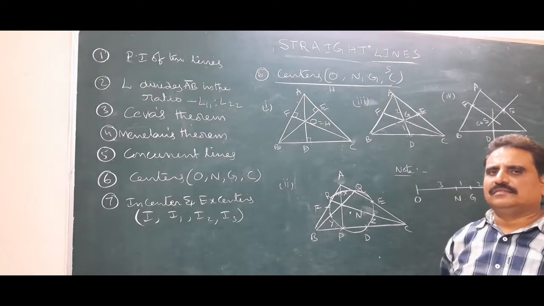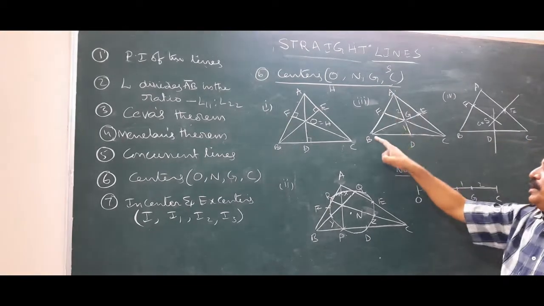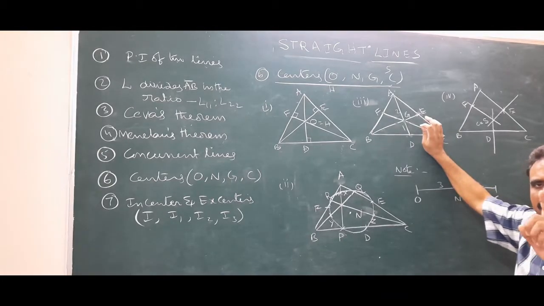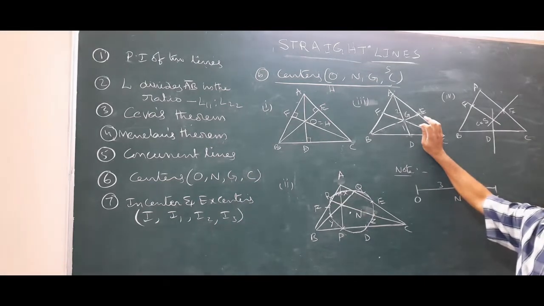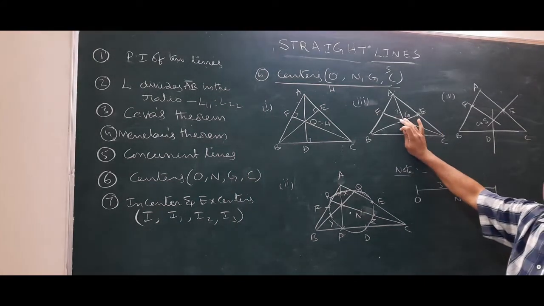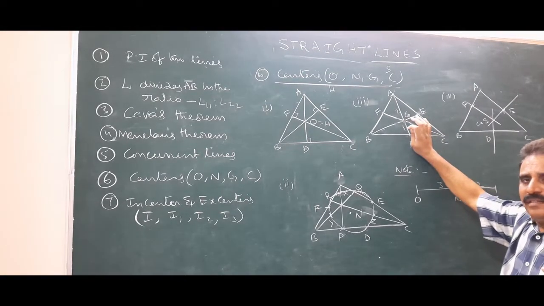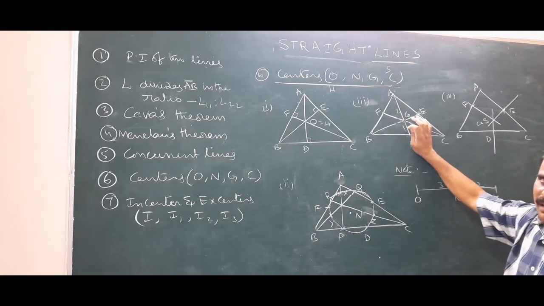With A (x1, y1), B (x2, y2), C (x3, y3), the centroid coordinates are ((x1 + x2 + x3)/3, (y1 + y2 + y3)/3). We can easily get the centroid of any triangle, and the centroid always lies inside the triangle.